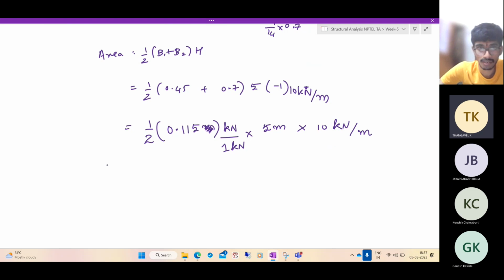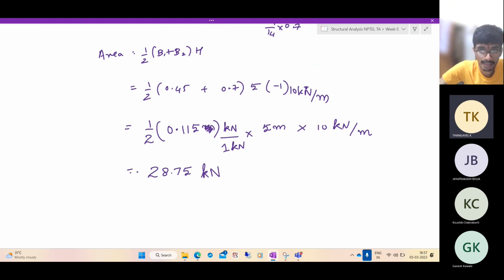If you compute, kilonewton gets cancelled, meter gets cancelled, and you get kilonewton, which is the shear force. I've solved it, so it will be 28.75.